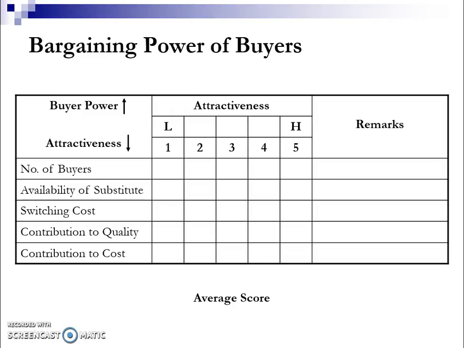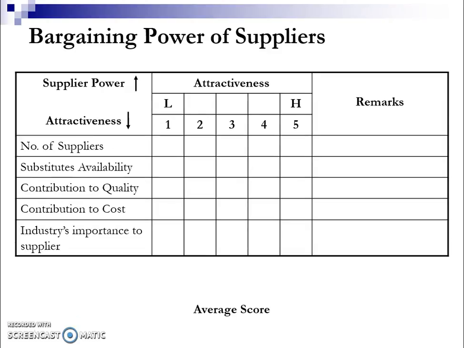It is determined by the number of buyers, the availability of substitutes to the buyers in comparison to the product offered by the firm who is assessing this industry environment, then the switching cost of this substitute or of the competitors, and then how far the customer or the buyer contributes to the quality or cost. So the higher the contribution, the higher the bargaining power with the buyers, and the lesser the attractiveness, and likewise with the other factors.